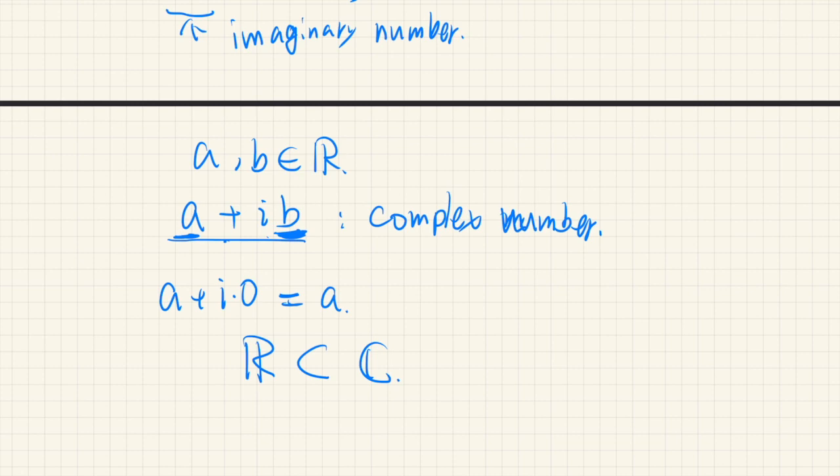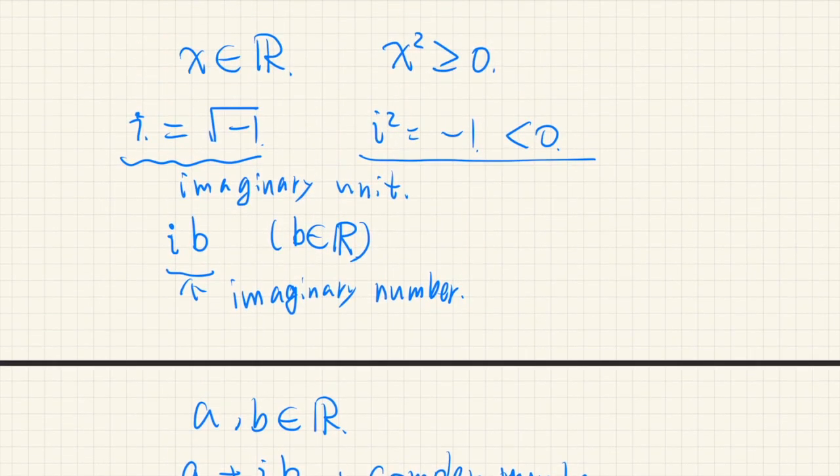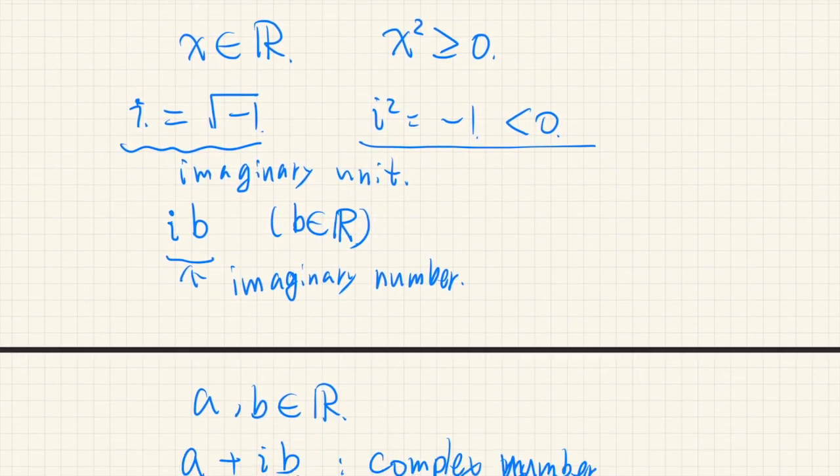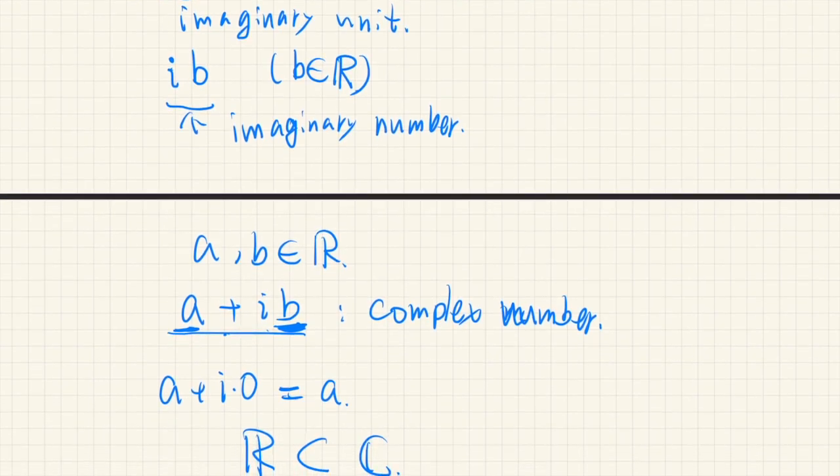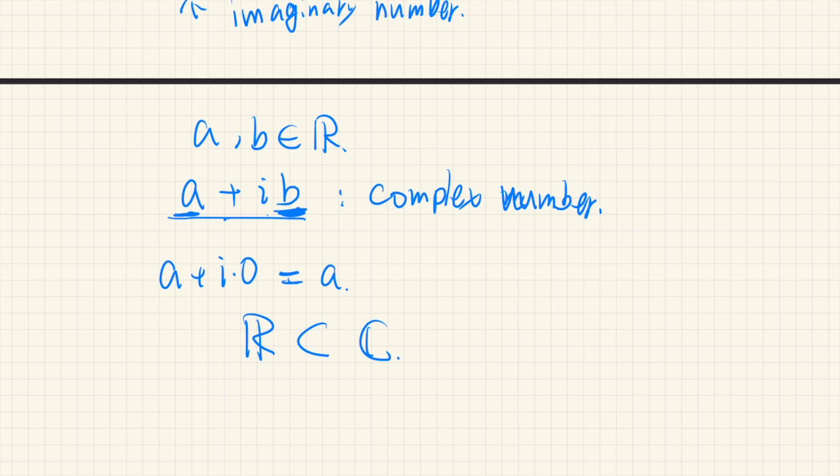We will study what complex numbers are in more detail in a later video, so wait for that. At this point, it's very formal and doesn't really mean anything, but we will see what we can do with them. And that's it for this video. See you later.